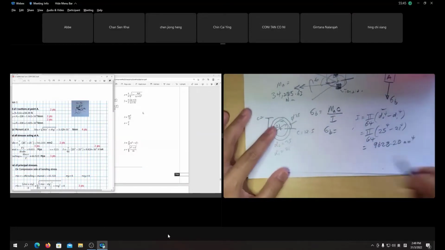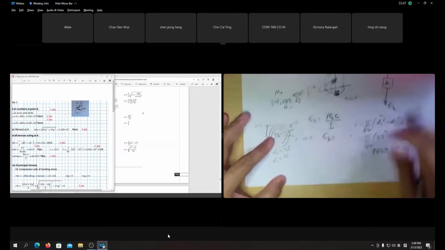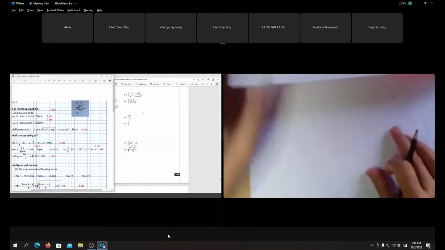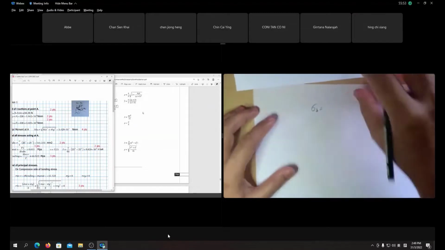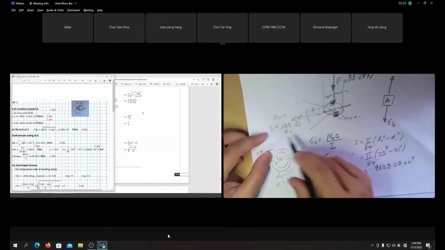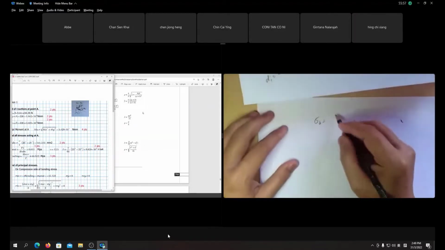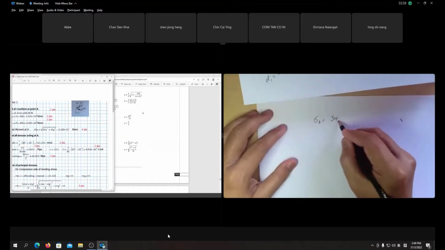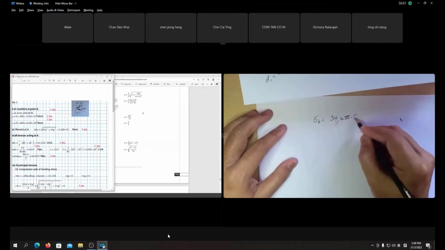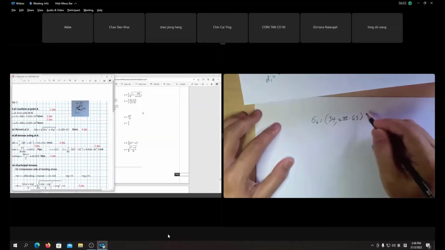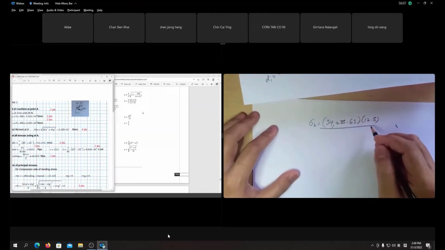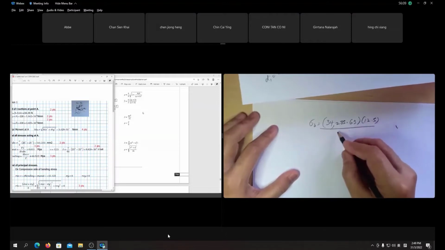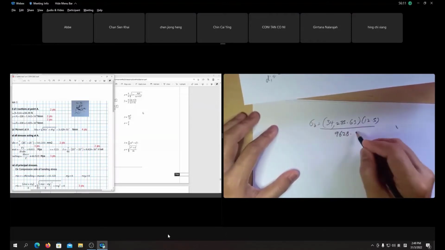Okay, so you put in your sigma bending. What is the moment? What was the moment at A earlier? 34,285.63, so you put in the value, 34,285.63 times your C, which is 12.5, over your I. I is 9628.20.